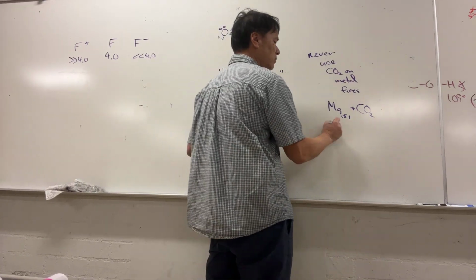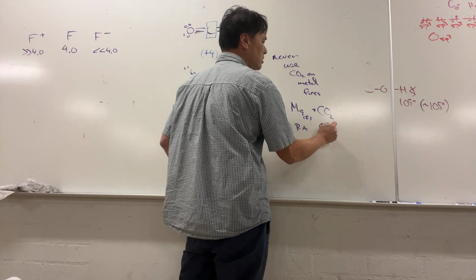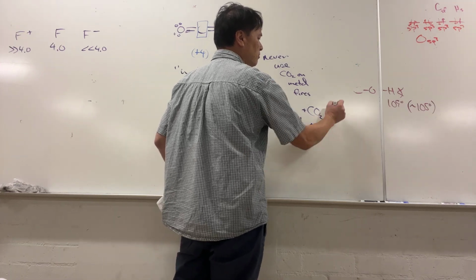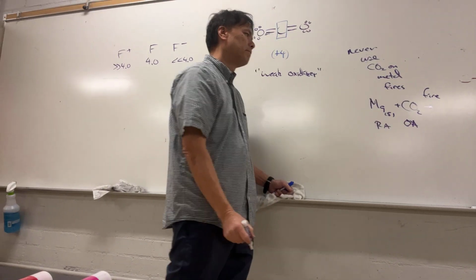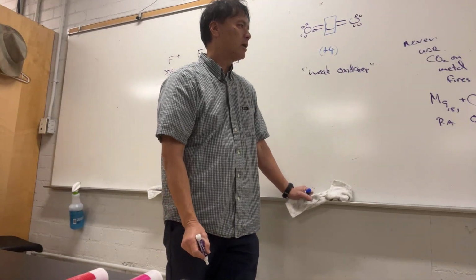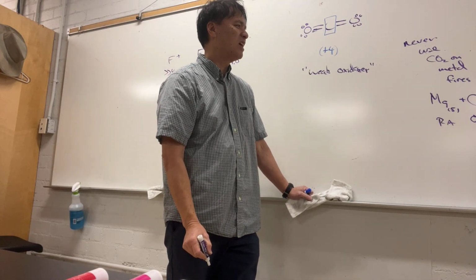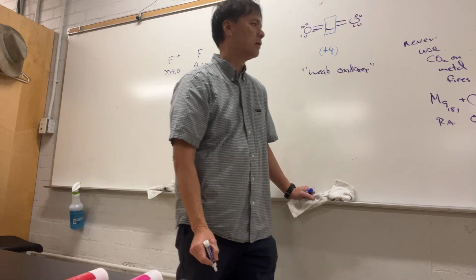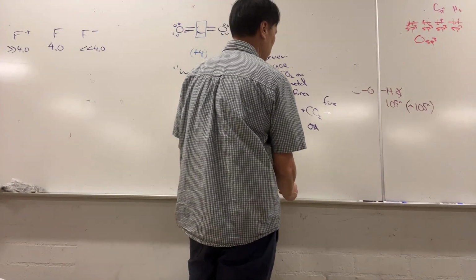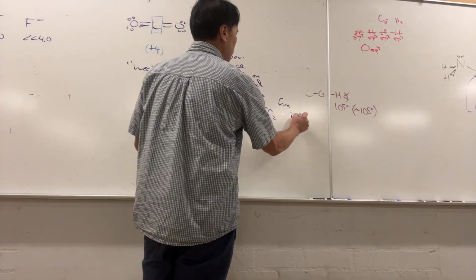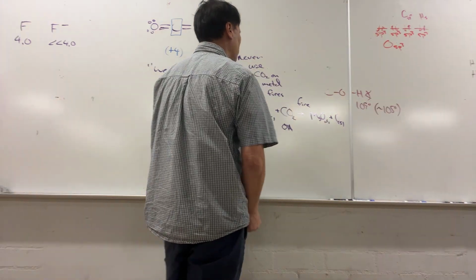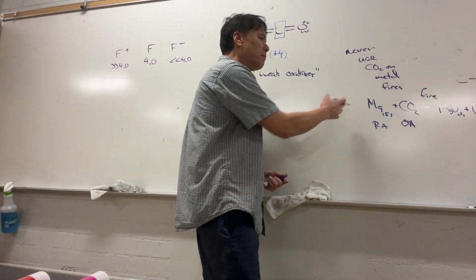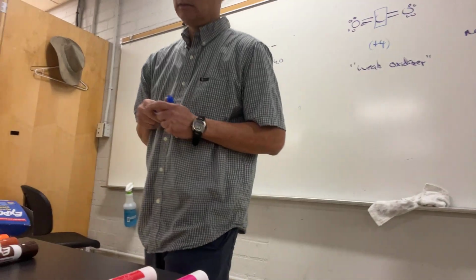And so here you have your reducing agent, here you have your oxidizing agent, and we get a fire. I have a video of this. The products are going to be magnesium oxide and carbon. This is not balanced. We'll have to balance it.